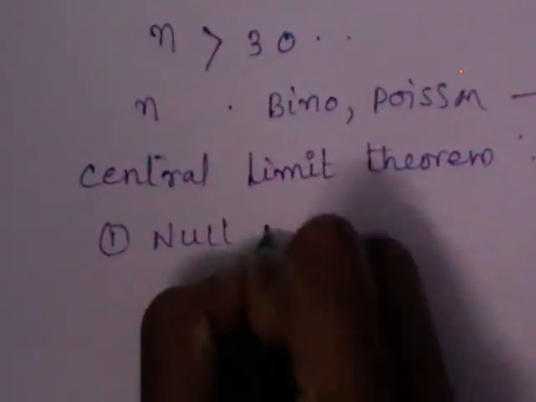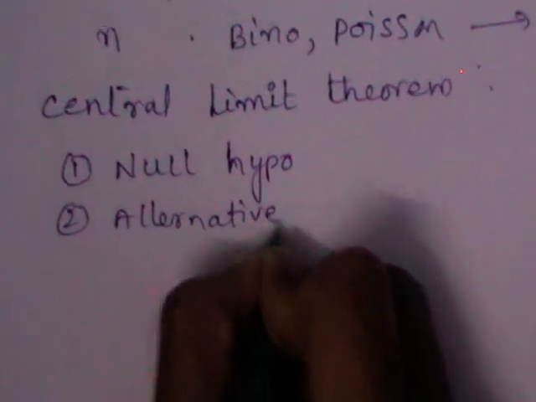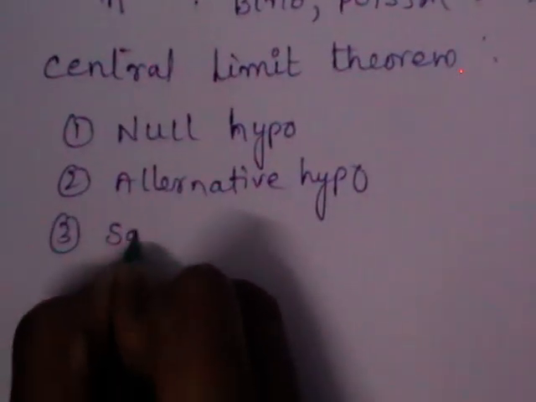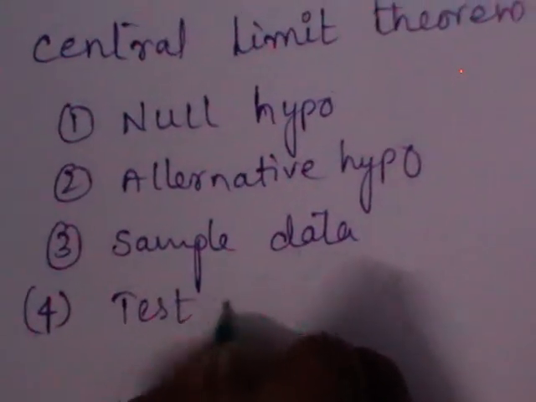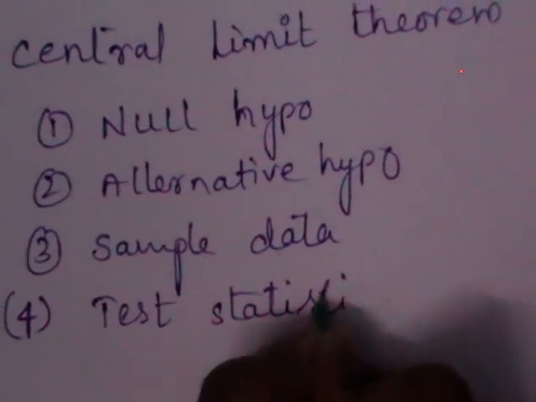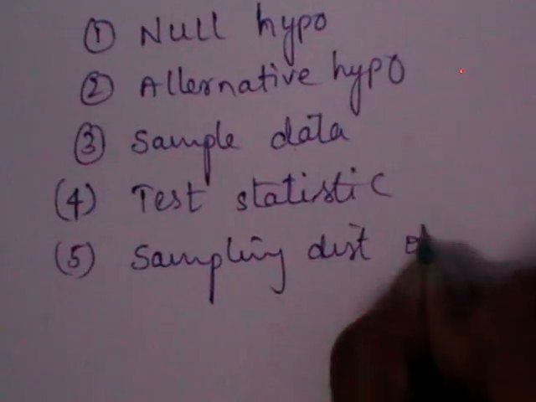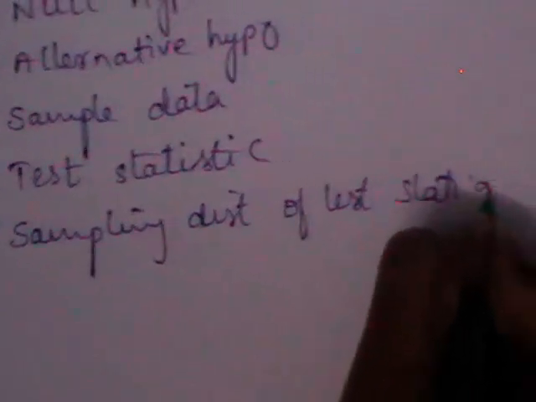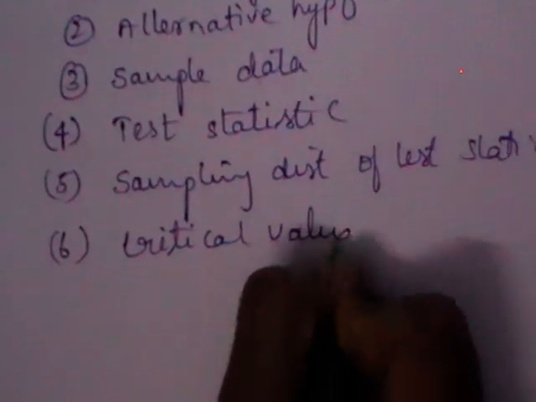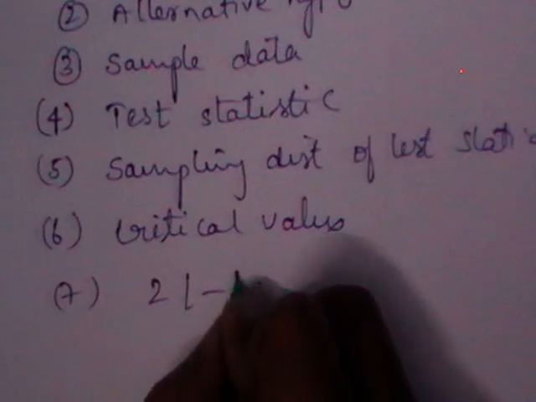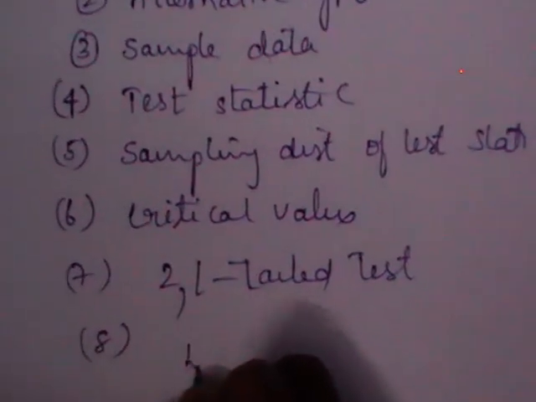Framing the null hypothesis, alternative hypothesis, sample data, test statistic, sampling distribution of the test statistic, critical value, two-tailed or one-tailed test, and decision.